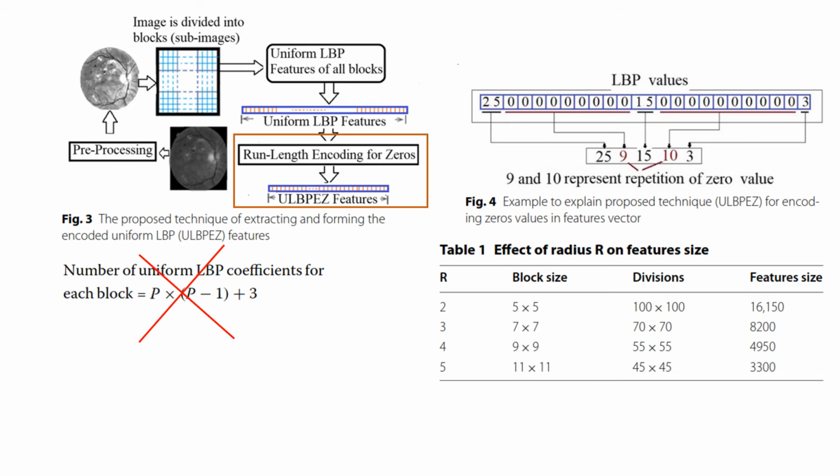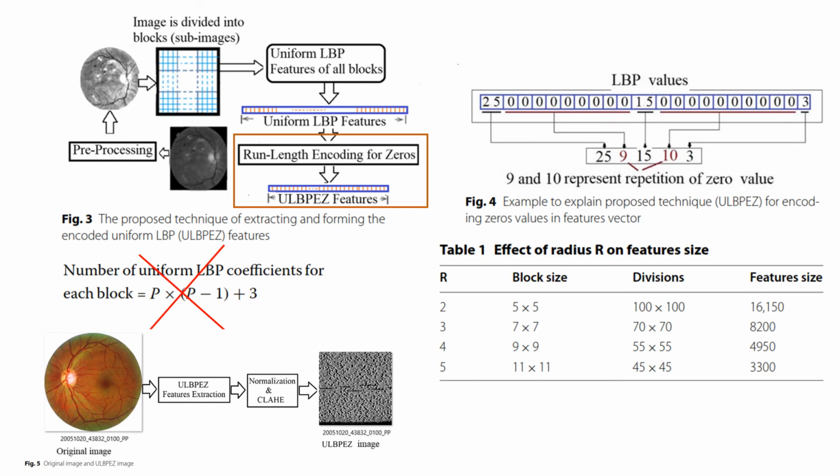And as shown, if we use 5 as a radius, the block size will be 11 by 11, and the division will be 45 by 45. This value depends on the original image, because we resized it to a fixed size, so we got these values. These values we used for extracting the features, and now we have a limited number of features we can process.